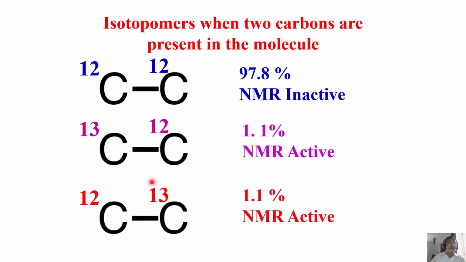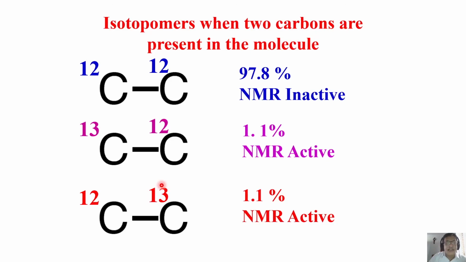That is also 1% abundant and NMR active. So in a molecule containing two carbons, 98% of the molecules contain carbon 12 only, which do not give us the signal at all. You will not get a carbon signal at all. Only this will give carbon signal: 1% of this isotopomer and 1% of this isotopomer will give signal.